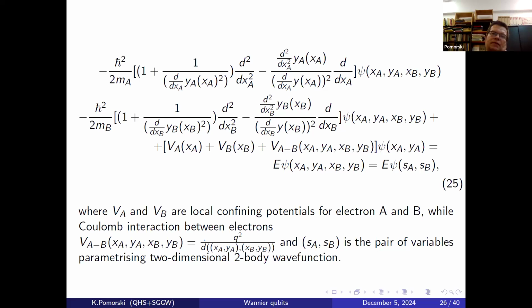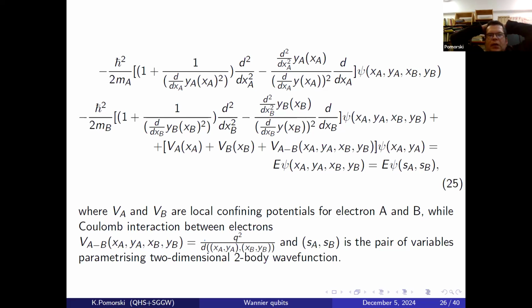And then what we are presuming here is equation 25. So, in a sense, let us consider that your wire is two-dimensional, so it's bended in two dimensions. So it has a trajectory, of this wire, for A and B, and then you are dealing with the solution of such a problem.